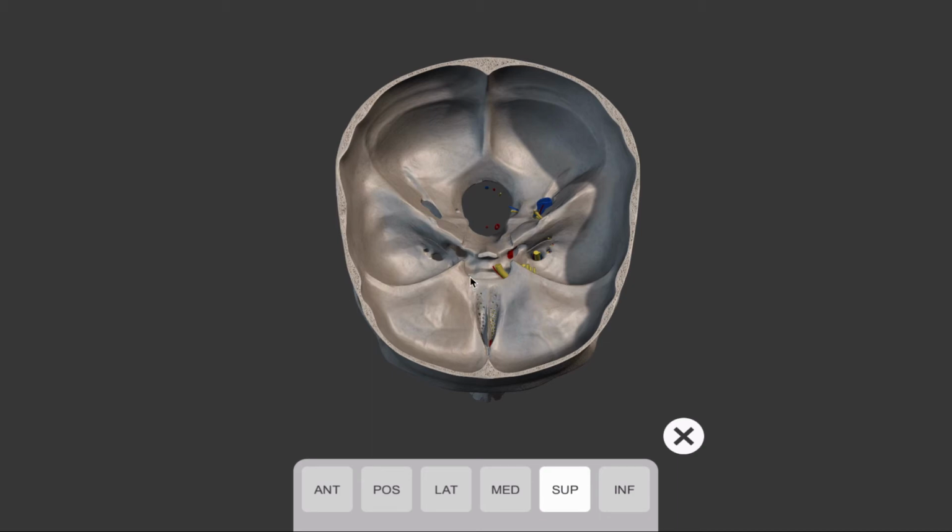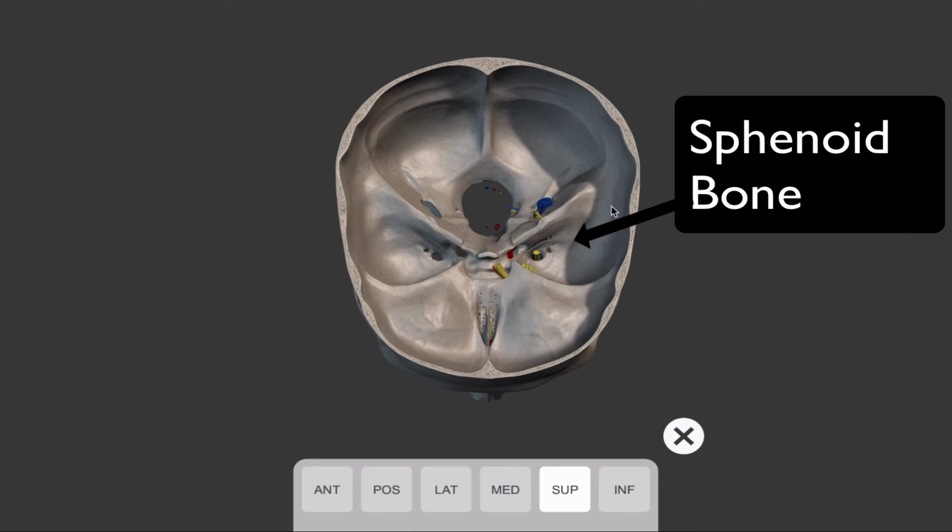Okay, now the next bone that I'm going to point out to you doesn't show the boundaries on this particular view very well, but it's this area that I'm pointing out to you with my cursor again. It's sort of a bat-shaped bone. It makes up a good portion of the floor of the cranium, and this is called the sphenoid bone.